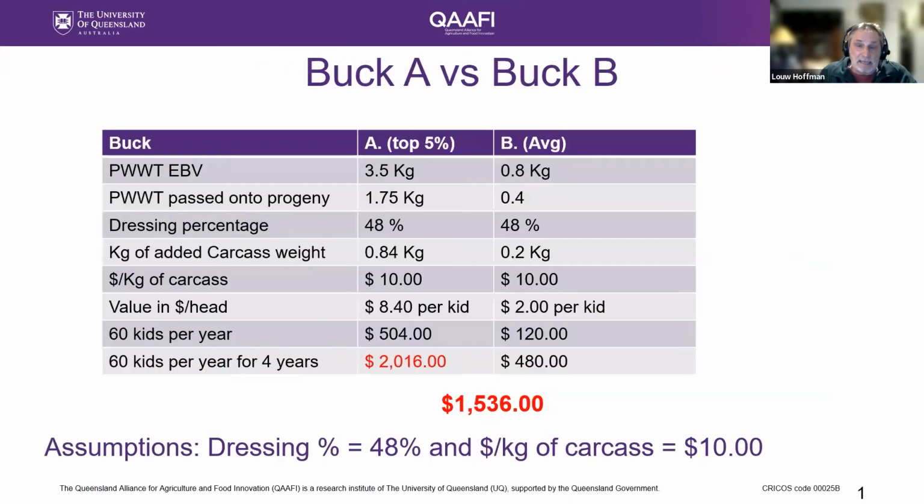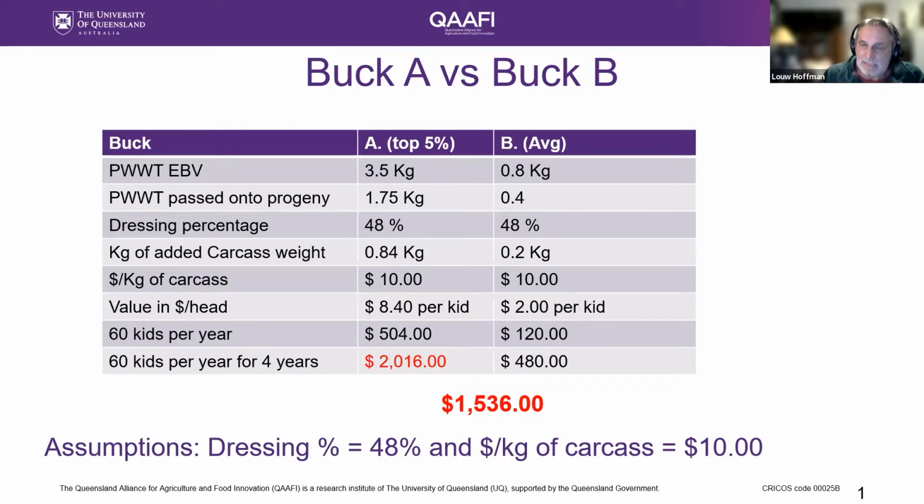If I take the top 5%, my assumption is that we're working on a 48% dressing percentage and $10 per kg carcass. The middle column is buck A's, and the one on the right is buck B's average. So the estimated breeding value is 3.5 kgs. Remember the buck passes half his genes to his offspring.